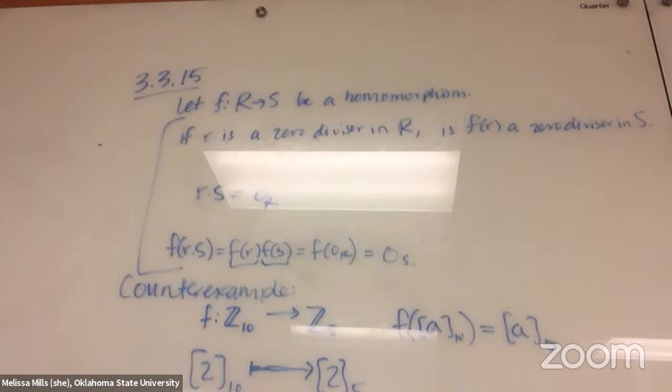So if A is in Z mod M, what's going to map onto that? We have the relatively prime bit, so we need to remember that and keep it in our mind.